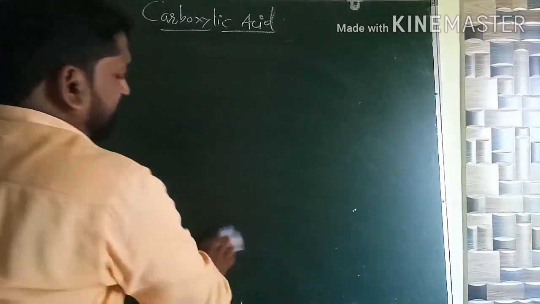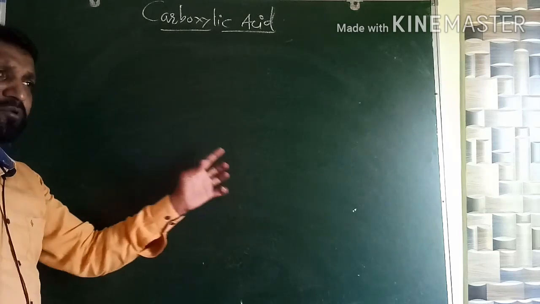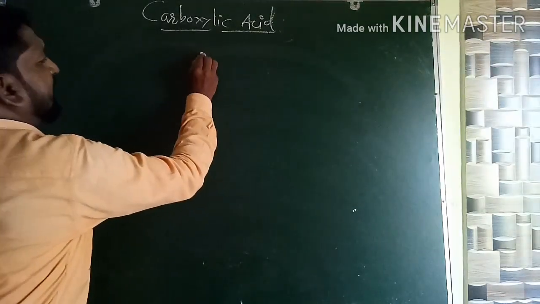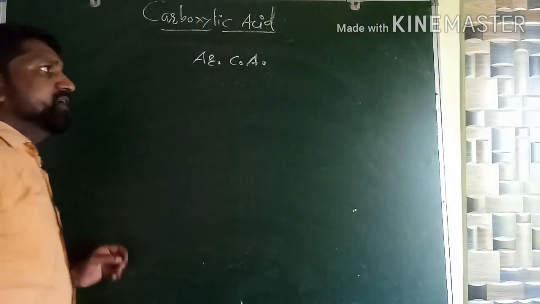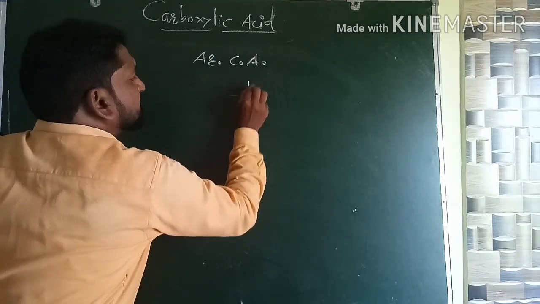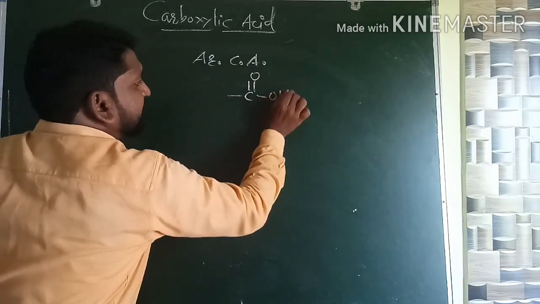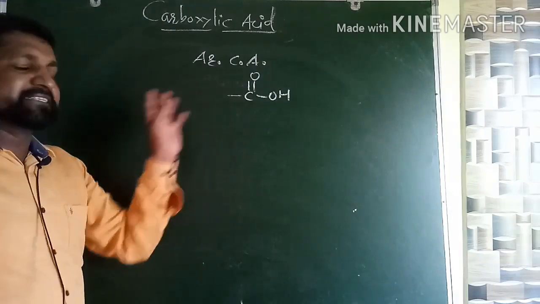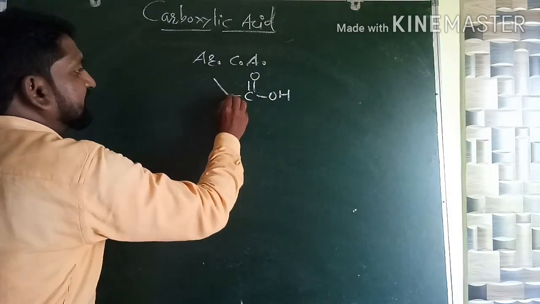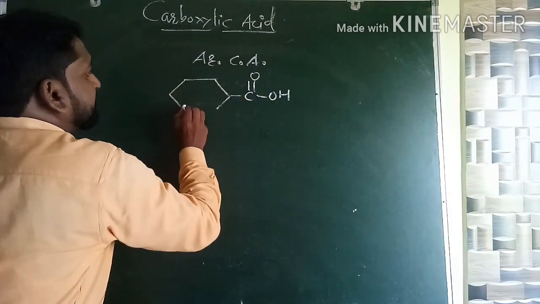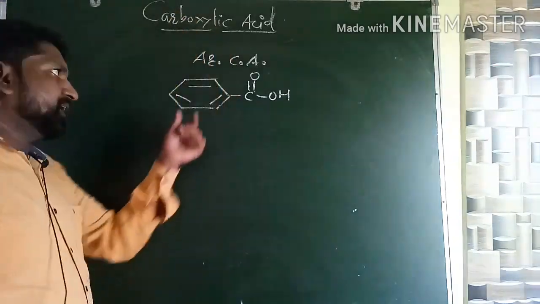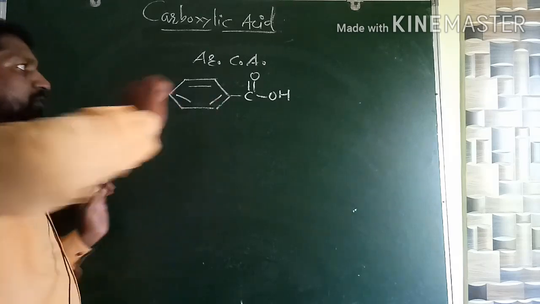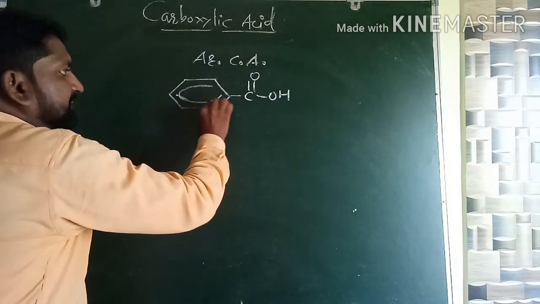After completion of aliphatic carboxylic acid, we can go for the aromatic carboxylic acid. Here, everybody see. If the carboxylic group is directly attached to the benzene ring like this, very easy to understand, you can draw alternate single and double bonds, or simply draw a ring like this, no problem.